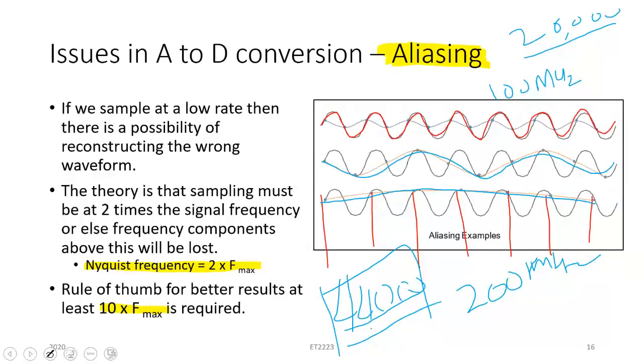So that is the main aspect of aliasing, and how we can avoid that is using double the frequency of the signal as the sampling frequency.